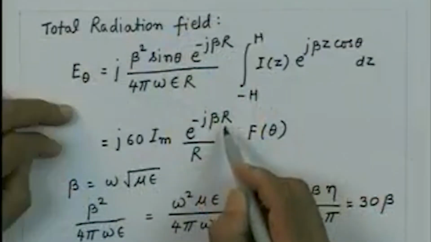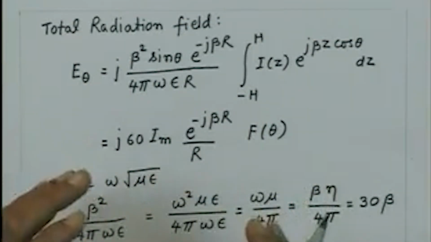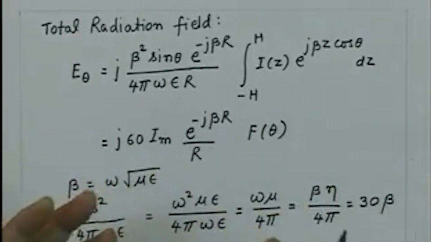We also have a phase term which is e to the power minus j beta r, which is same as what we get for a spherical wave which has travelled a distance r from the source. So, this term we are not worried about. If we are interested in finding out the absolute amplitude for the electric field, then we can make use of this.